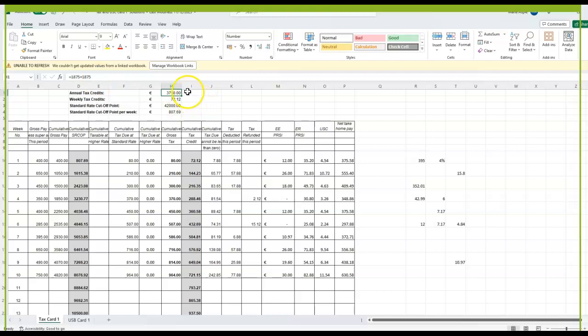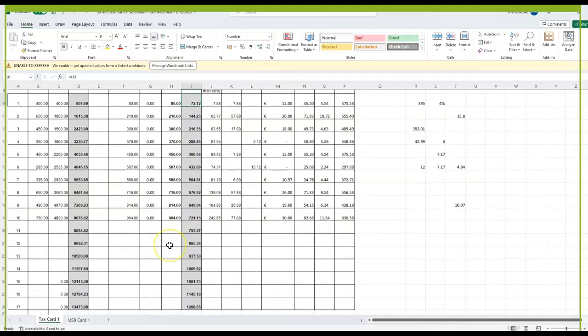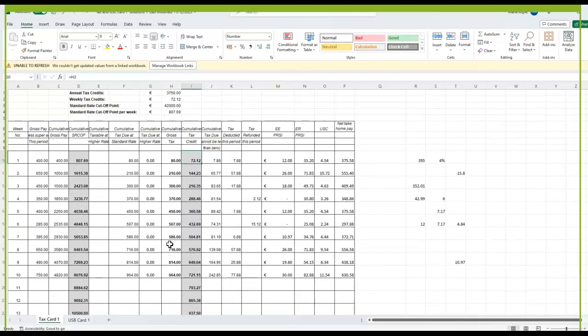So 3,750 divided by 52, we have 72.12 per week, and again doubled up in week 2, trebled up in week 3, 4 times in week 4, 5, 6 and so on. And when the employee will reach the end of the year, that's when they will have utilized their full 3,750. Every week then you apply the tax across the board, from left to right every single week.